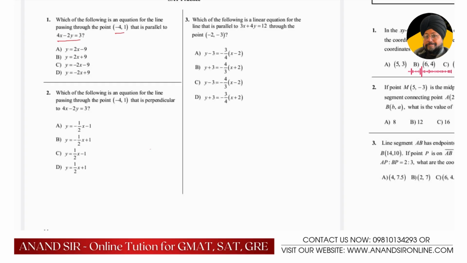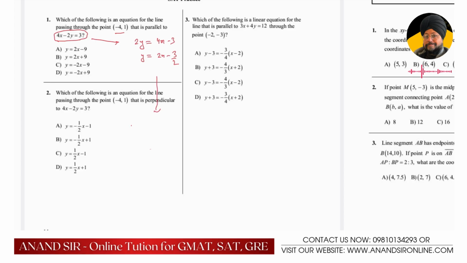Slope should be equal to this line. So first of all, let us find the slope of this line. When this line is written in y equal to mx plus c form, let us write it 2y equal to 4x minus 3, then y is equals to 2x minus 3 by 2. It means that the slope of this line is 2. So slope of the another line will also be equal to 2.